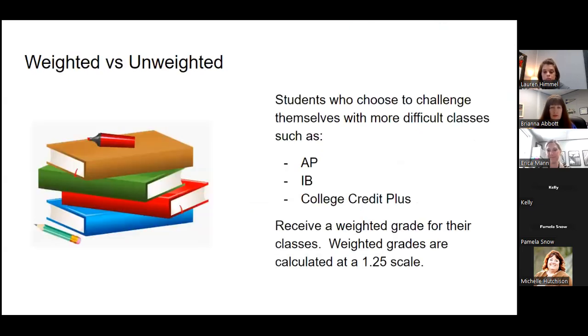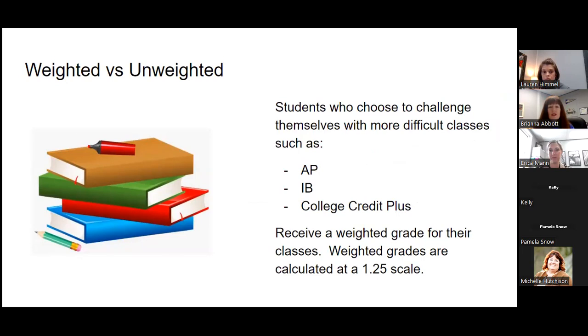I started to talk a little bit about that weighted piece because I know that can be really confusing to people. Students who choose to challenge themselves with more difficult classes, like AP classes, IB classes, or College Credit Plus classes, all receive weighted grades. And that weighted grade, again, is on a 1.25 scale.